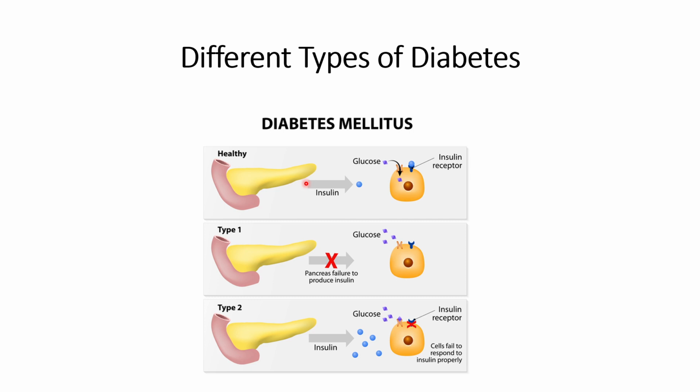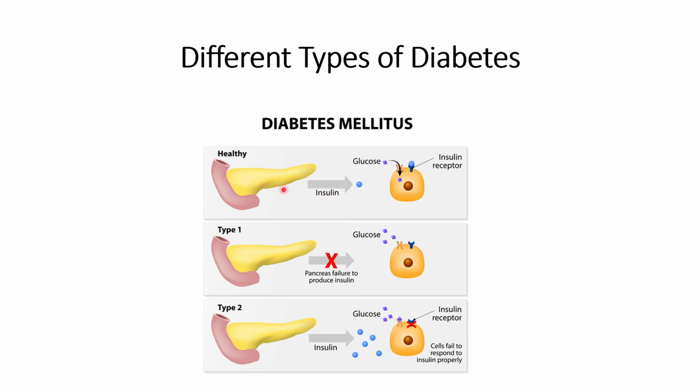In order to reduce it, it releases insulin, and this insulin will be sensed by the cells through the insulin receptor, and it gives a signal to the cells to take up the glucose so that it can maintain the blood sugar level within a normal limit.